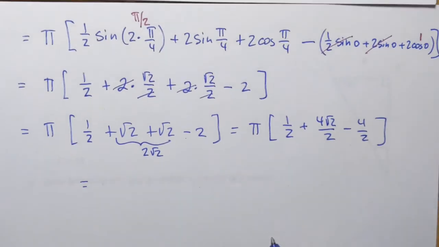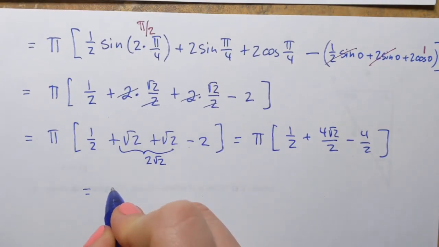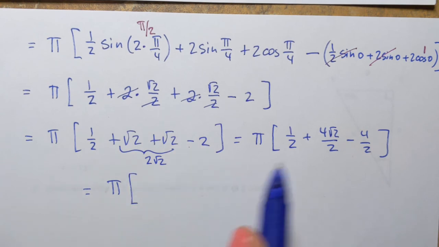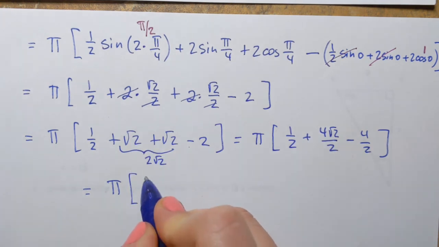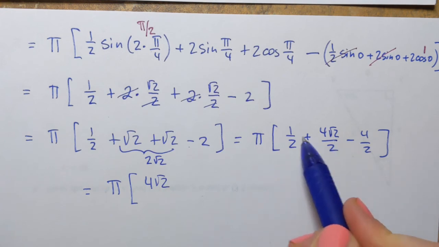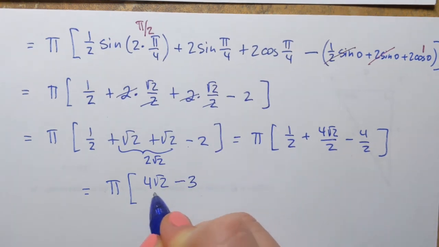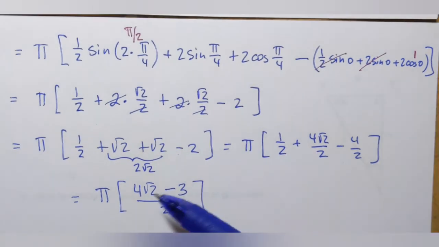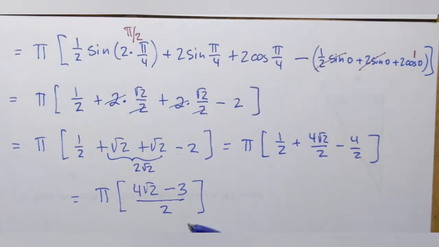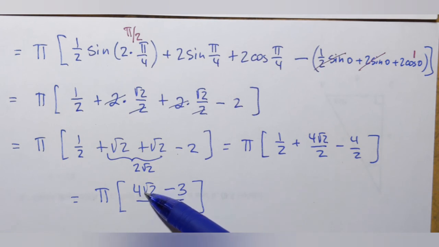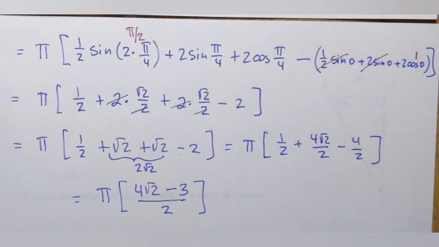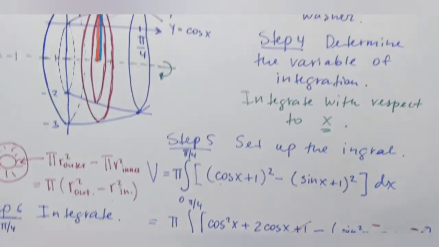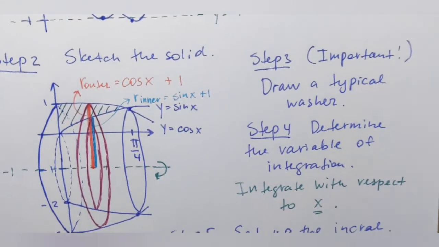Okay, so we're almost there. Pi times 4 radical 2, 1 minus 4 is minus 3, over 2. So that represents the volume of that solid, and when I am looking at the final answer, I want to make sure that's a positive number. Well, here I can see it's going to be positive, right? Because 4 times square root of 2 is going to be more than 3. So I will get something positive. That looks good.